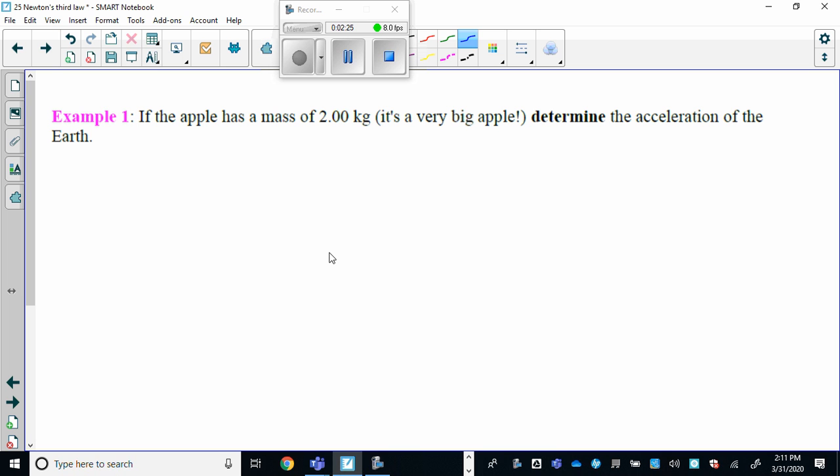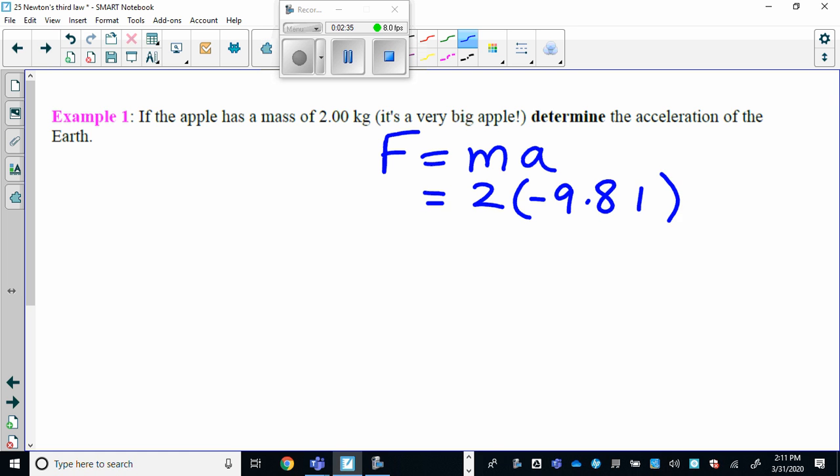And for that, we can simply use F equals ma. The mass of the apple is 2 kilograms, and it's accelerating towards the earth at 9.81 meters per second squared. And therefore, the force of the earth on the apple is negative 19.62 newtons.